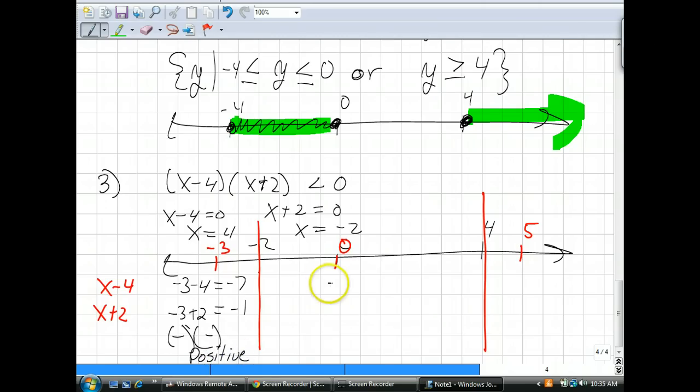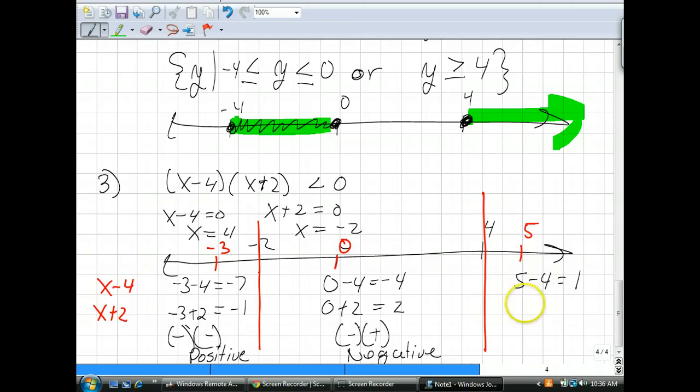Now I do the same thing with 0. 0 minus 4 gives me negative 4. 0 plus 2 gives me 2. So I basically have a negative times a positive, and that's always going to be a negative value. And then I check the last region. So I have 5 minus 4 equals 1, and 5 plus 2 equals 7.